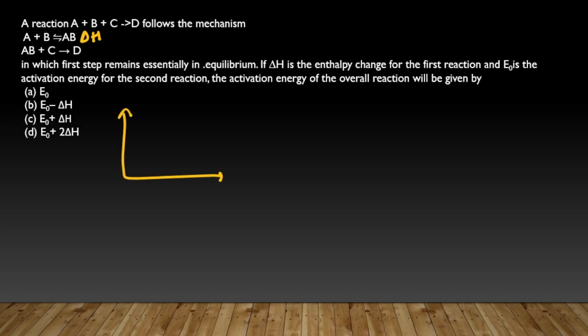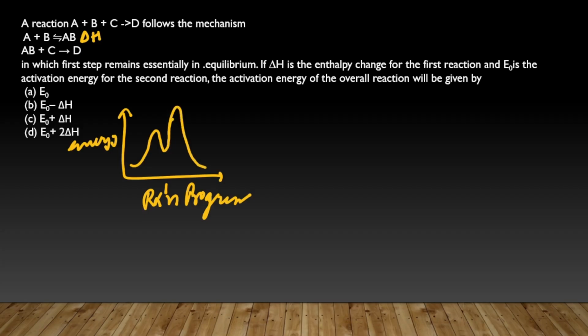So here, if you see the reaction progress, and here is this energy. Initially these reactants are in equilibrium, forming the intermediate which is AB, and then this AB, with some activation energy, is forming the final product.